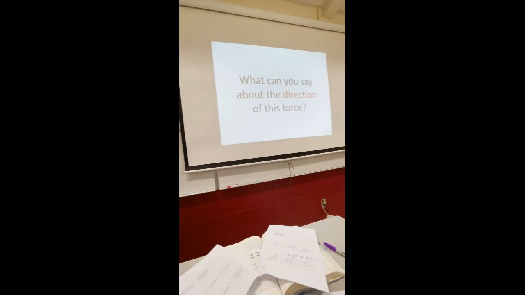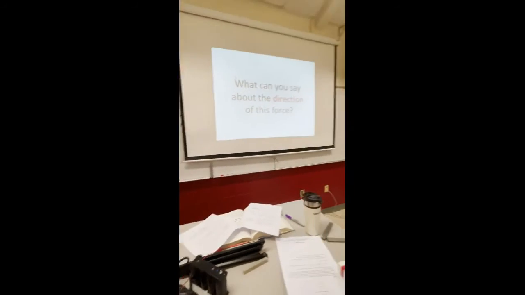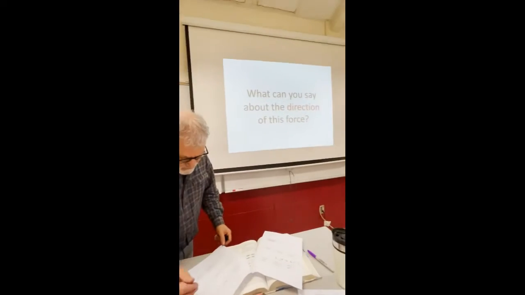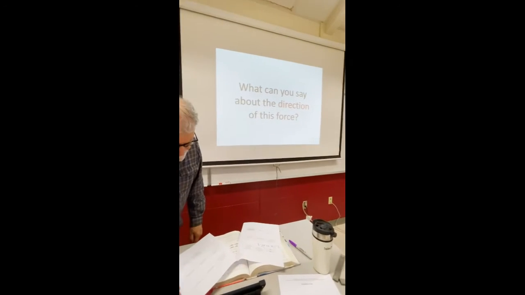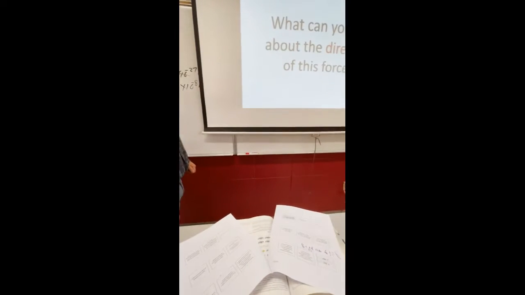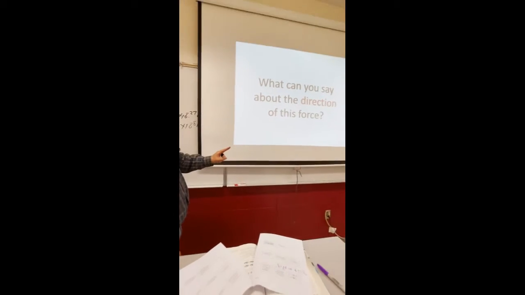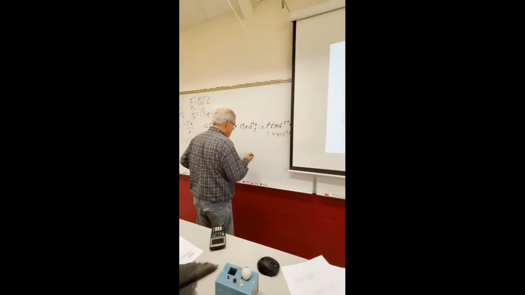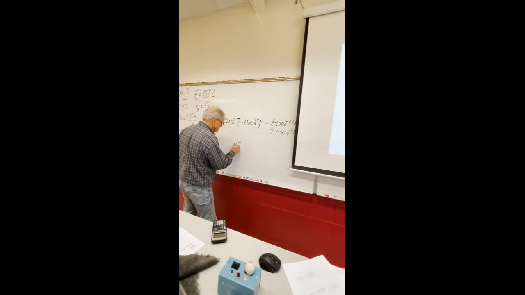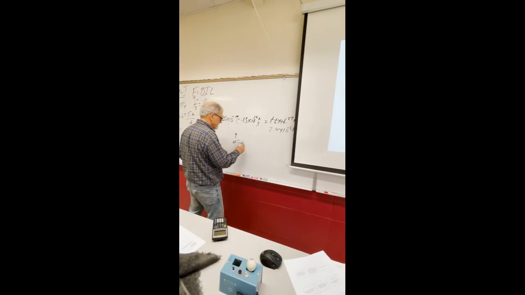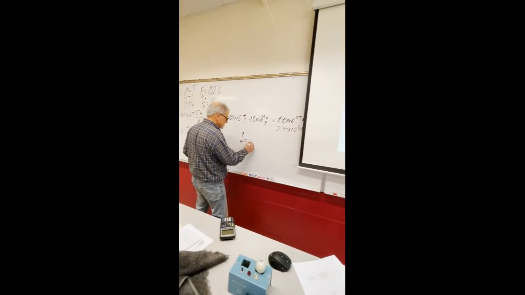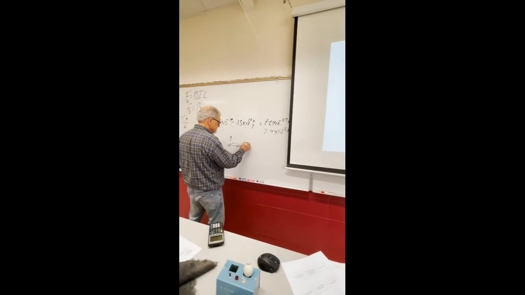Well, we weren't given the direction of the magnetic field, were we? No, just 10 teslas. We just got the intensity of the field. Unless it wants us to look back at the picture. What could you say about the direction of the force? Well, as the electron goes through, that force is going to be perpendicular to the electron's motion, which is going to cause the velocity to shift.